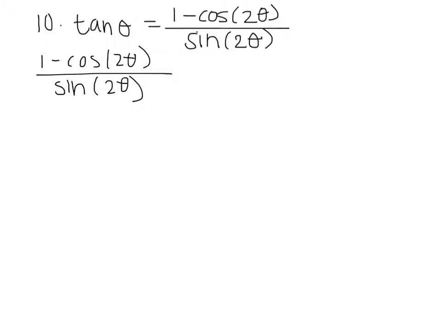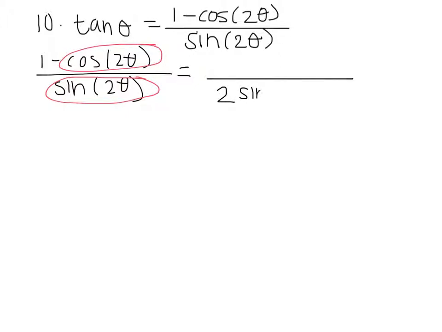So the first idea that I would have is rewriting cosine 2 theta and sine 2 theta using one of our double angle identities. We only have one choice for sine, so I'm going to go ahead and swap that out. I know that sine 2 theta is 2 sine theta cosine theta, and I'll reference this with double angle.